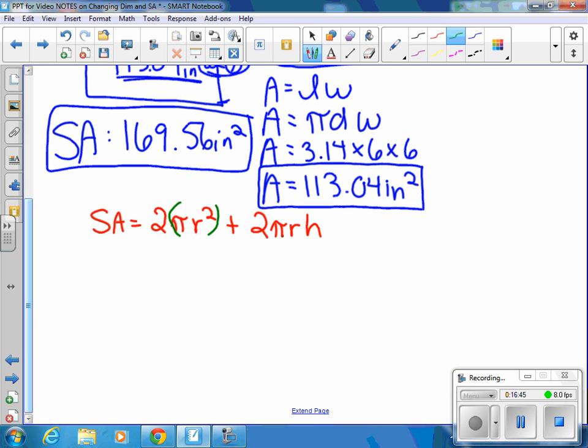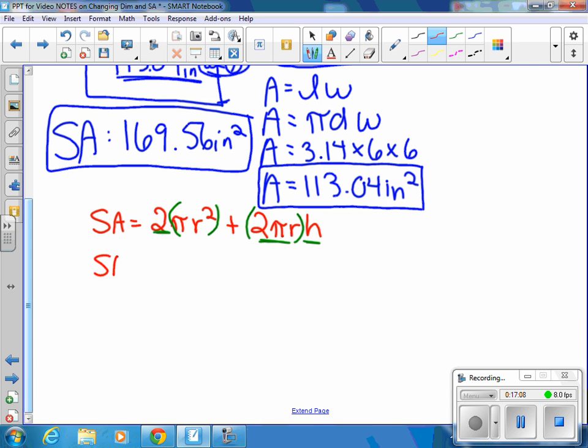There's my area of a circle right there. This 2 pi r is the same as pi d, which is the circumference of the circle. Remember, I have 2 circles, so that's where I get the 2 in 2 pi r squared. That's 2 times the area of the circle. And then this is my circumference times the height, which was that length and width that I did a moment ago. But again, we're just going to go ahead and plug in our numbers.